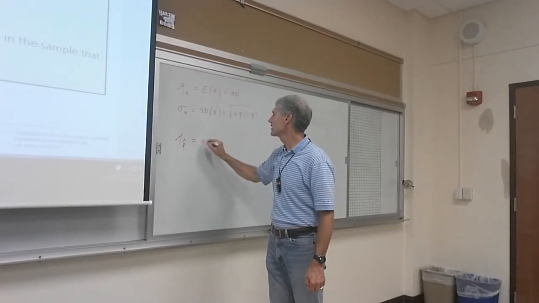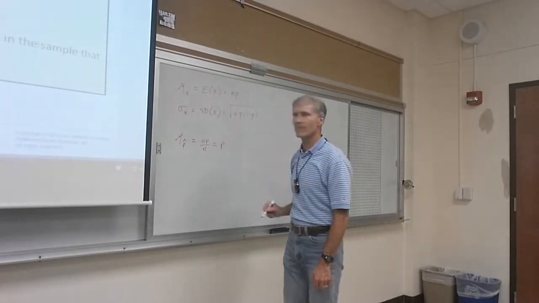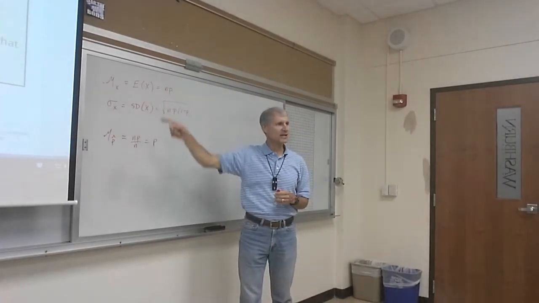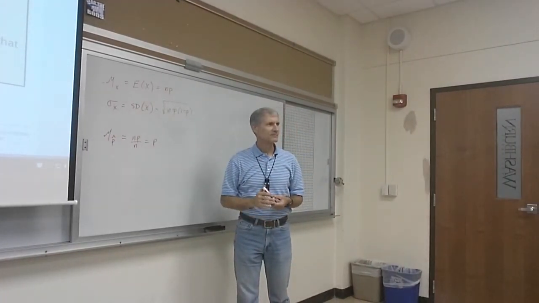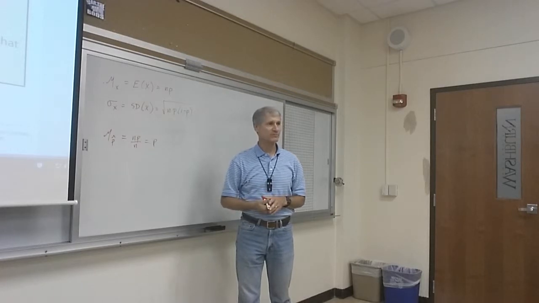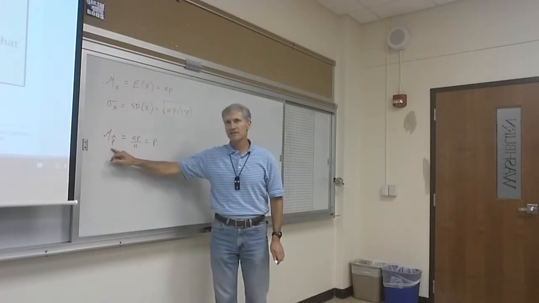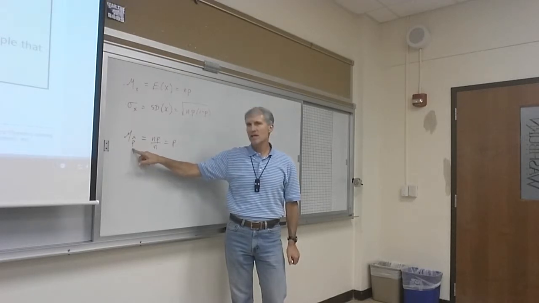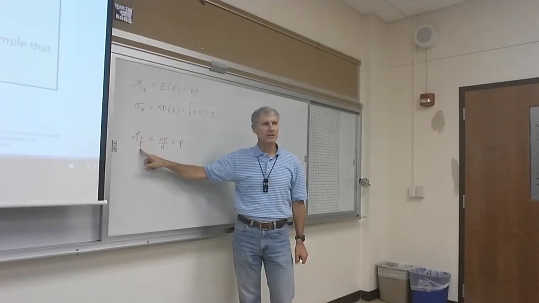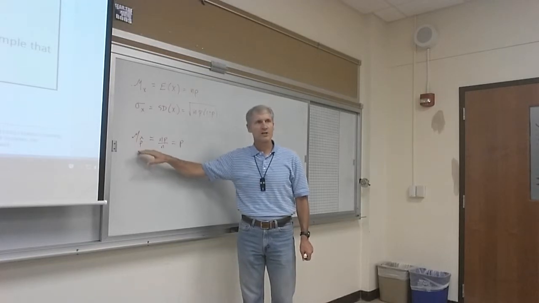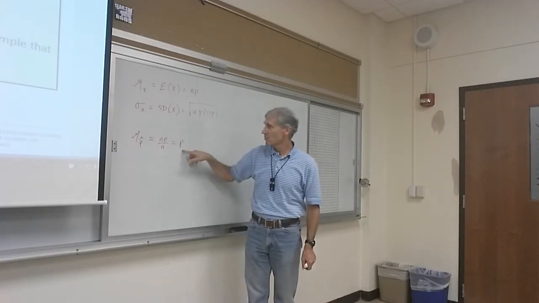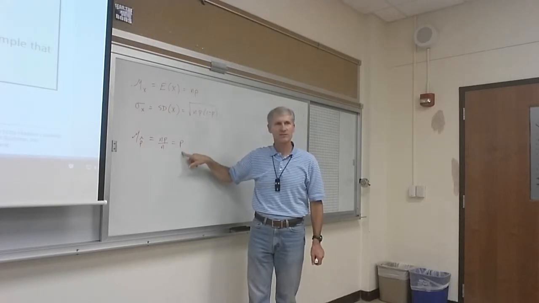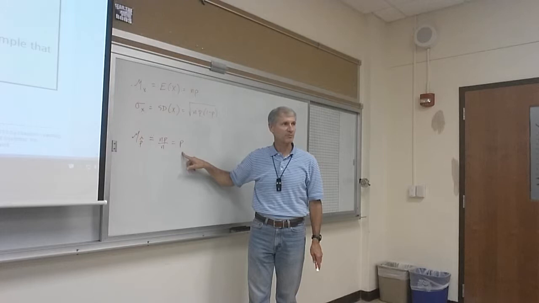So np over n, which is p. Now what is p? It was on the previous slide. The population proportion. So what this says is, if I take a sample and I use that sample to estimate the proportion, on average the mean of those sample proportions will be correct. It will average out to the correct thing that I'm trying to estimate, the population proportion.